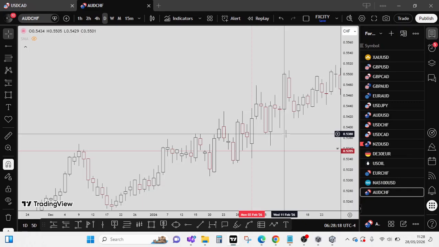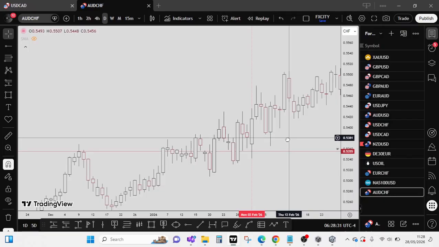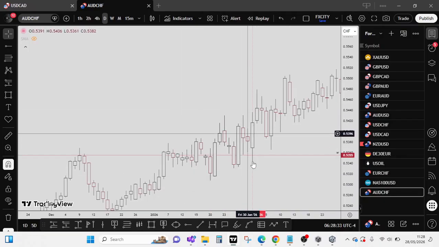And if you're looking to sell, ensure that you're taking a trade at the range high. Don't try to buy the range high or sell the range low, or trade anything in the middle. So that's what I try to confirm on the daily.